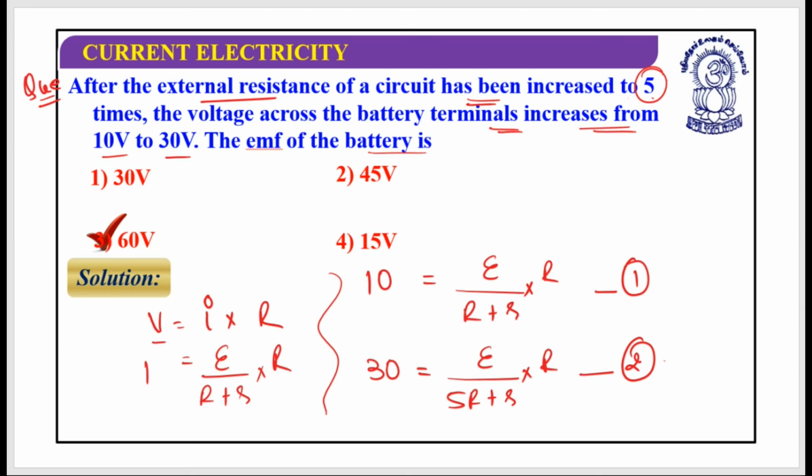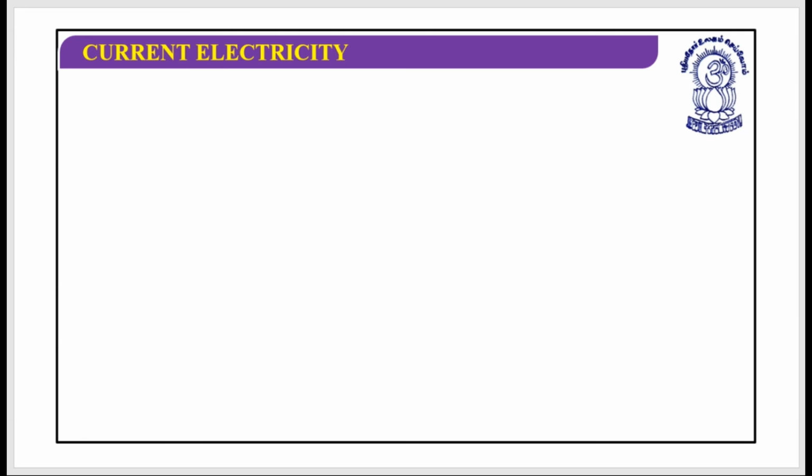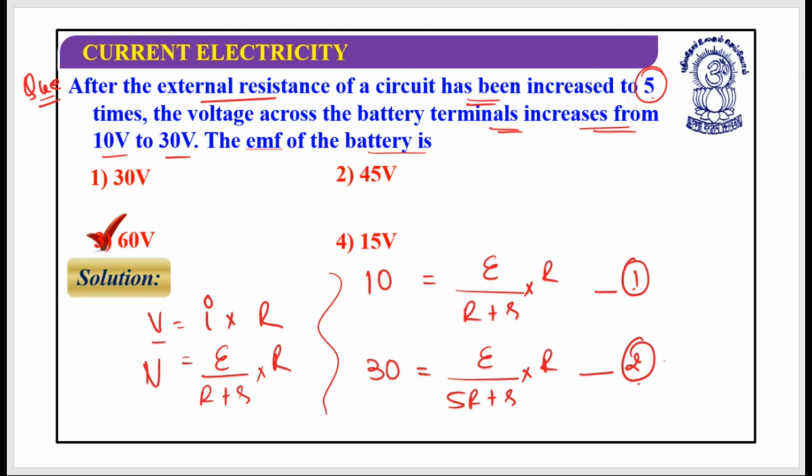Initially it was 10 volt, this is relation 1 and this is relation number 2. I hope these things are clear. Solve this and you will find that the EMF of the cell would be 60 volt by solving 1 and 2.